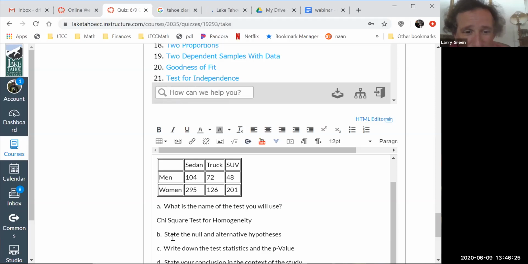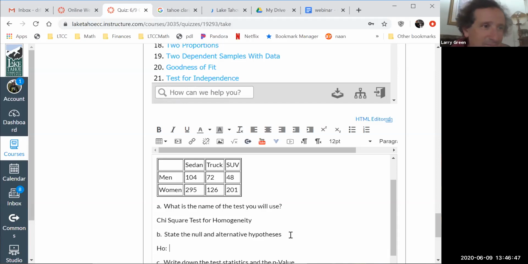So the name is homogeneity. State the null and alternative hypotheses. So again, H naught. And unlike the first question, what word must be there? Yeah, distributions is even better because we're talking about two different groups.